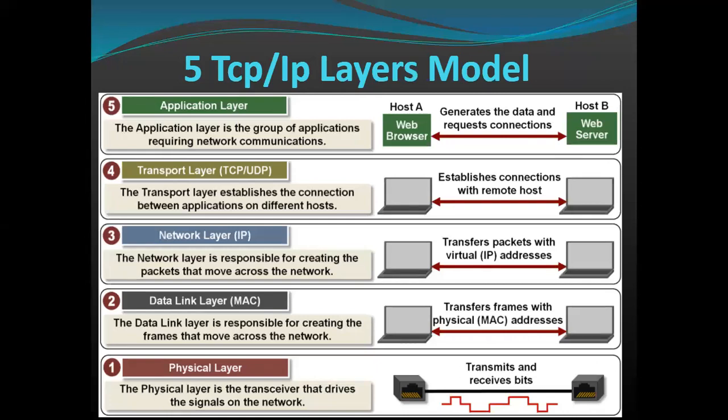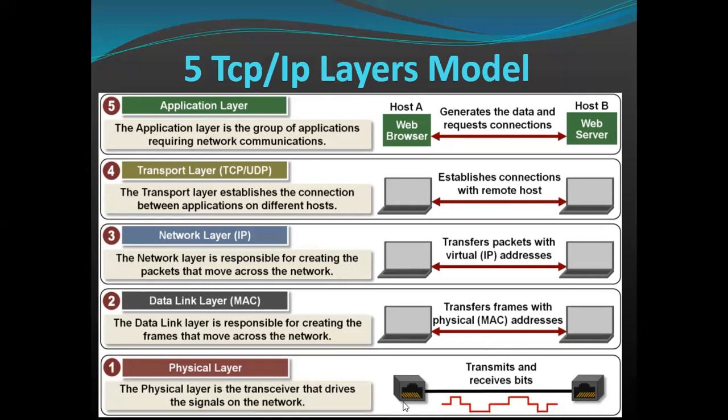And for networks, specific to the internet, we have this 5-layer TCP/IP model that will give a very detailed and basic knowledge of what a network is.